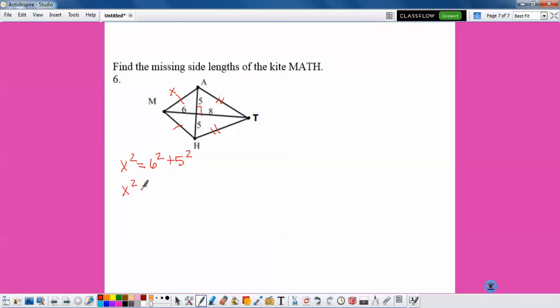So x squared would equal 61. Square root both sides. X equals the square root of 61, which can't be simplified, so we know that MA, which is equal to MH, is equal to the square root of 61.